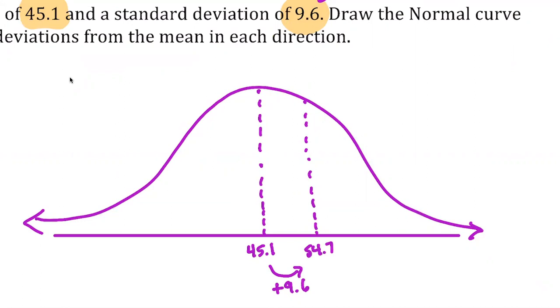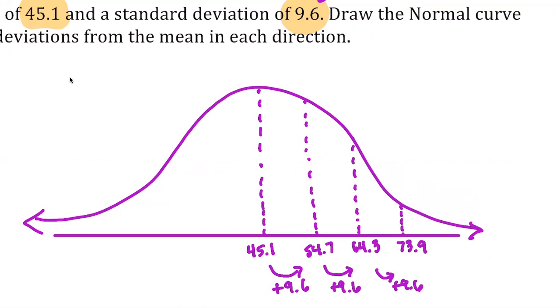Typically we'll do at least two or three iterations, so let's do two more. 54.7 plus another 9.6 ends up being 64.3. Then we'll do one more. If I take 64.3 and add 9.6, that gives me my next region, which is 73.9.